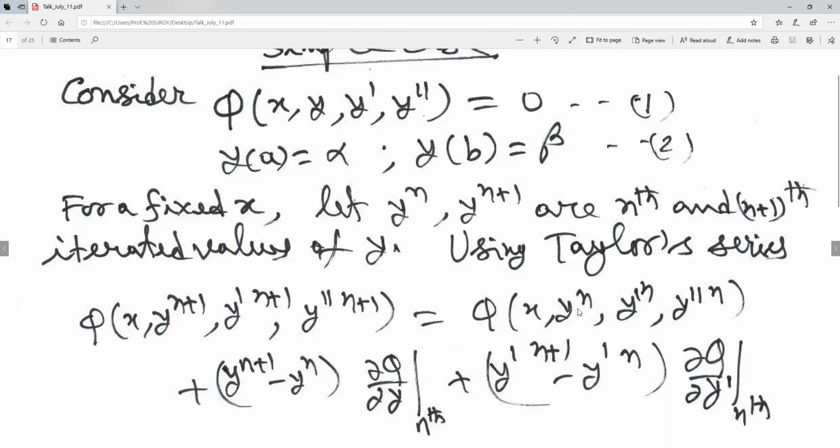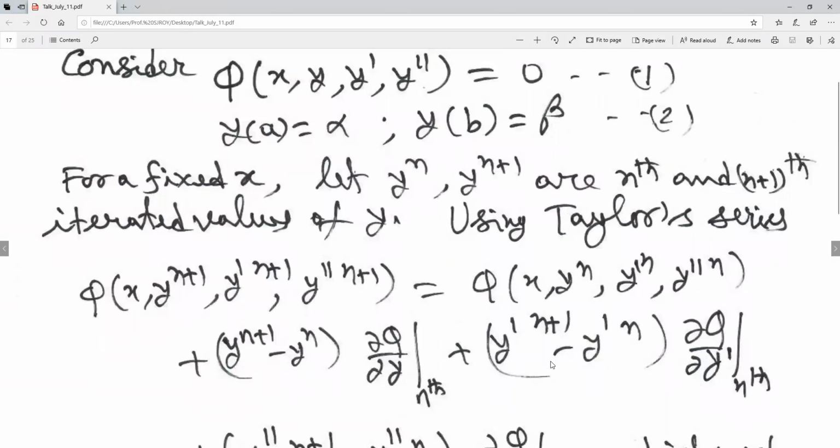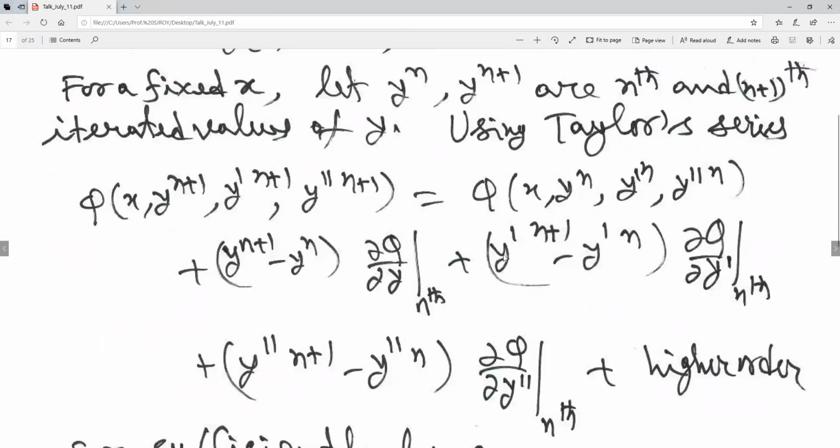So it will be phi at the nth stage, then yn plus 1 minus yn, and this derivative with respect to the nth stage, and then the next step is this. This is the first order, all 3 terms: 1, 2, 3, because 3 components are there. So Taylor series of 3 variables.